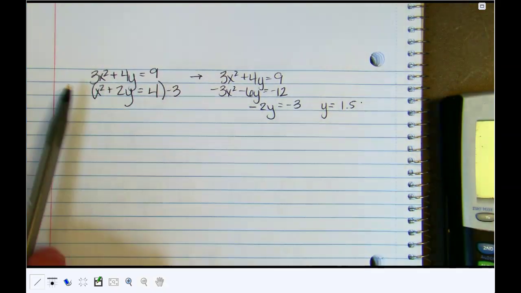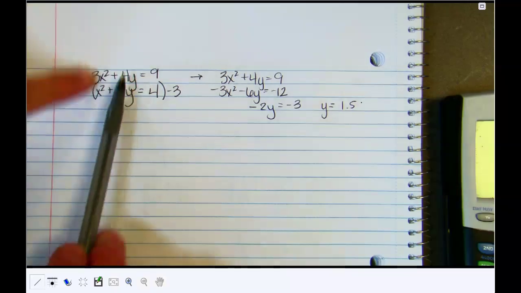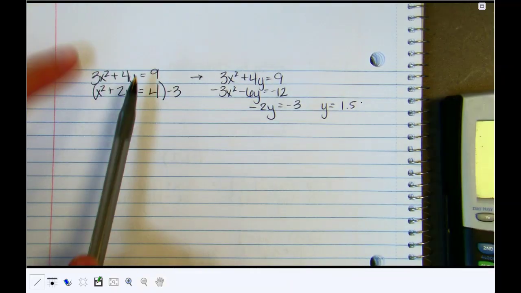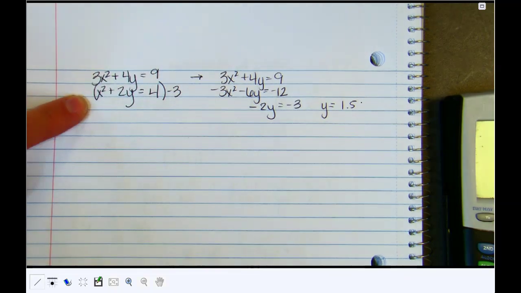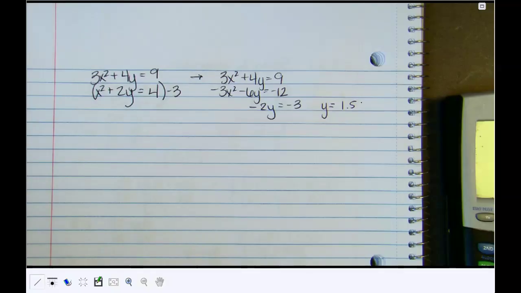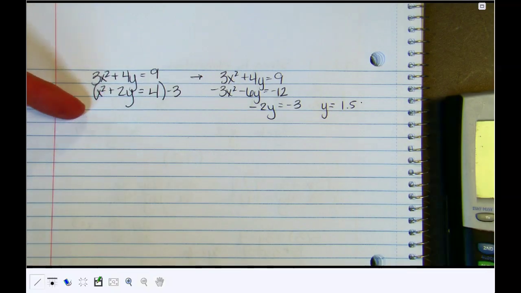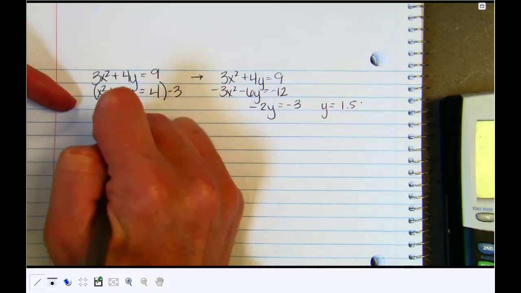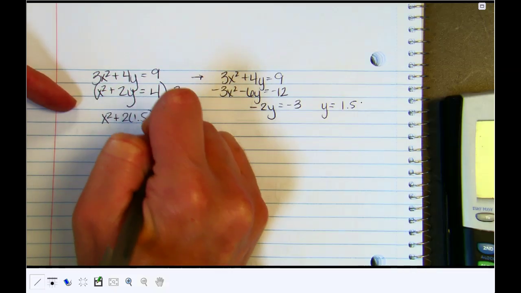Now, both of these are the same level of complexity, right? If I'm plugging these into the simpler equation, they both have a square on the x and a plain y, so one is not advantageous over the other. I'm actually going to plug it into the bottom because I don't have to use the 3. So x squared plus 2 times 1.5 is equal to 4.